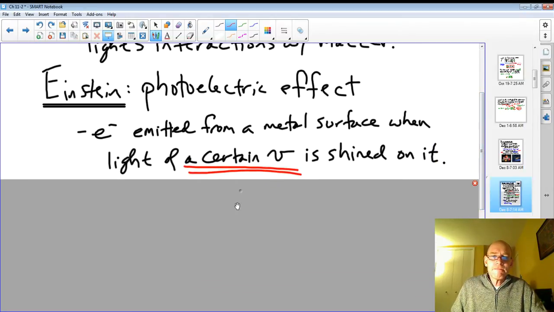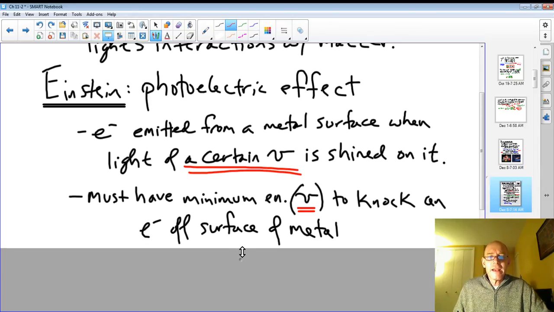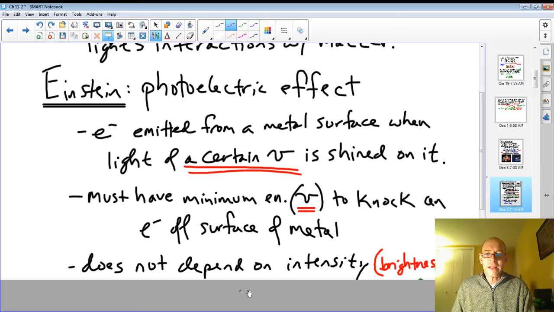There are some tricky things about it, however. That incoming light must have a minimum energy, a minimum frequency, to knock an electron off. In other words, if it's not the right color, the right energy, remember color, energy, frequency, wavelength, all these things are interrelated, if it doesn't have that minimum energy, no electron gets knocked off, and it doesn't matter how bright the light is.